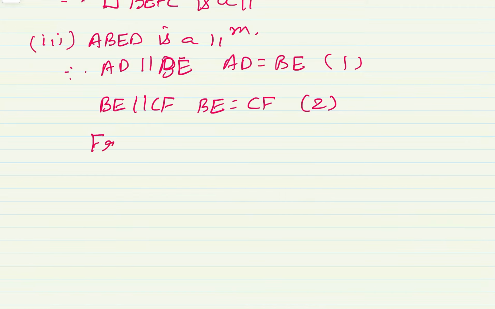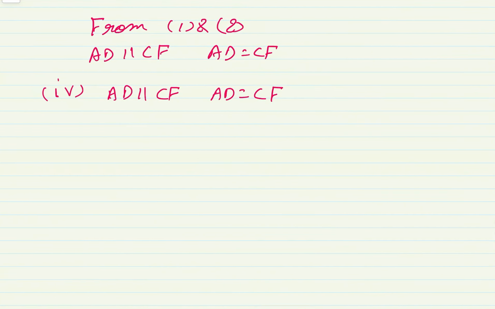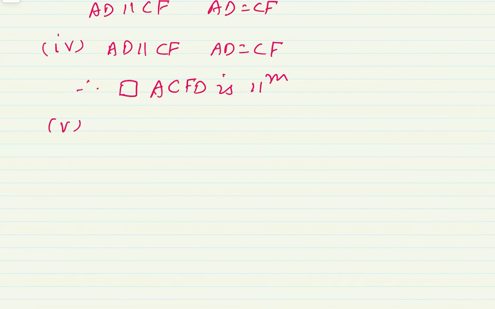From 1 and 2, we have AD parallel to CF and AD equal to CF. Now, fourth result, AD is parallel to CF and AD is equal to CF. Therefore, quadrilateral ACFD is a parallelogram as stated above with the above reason.